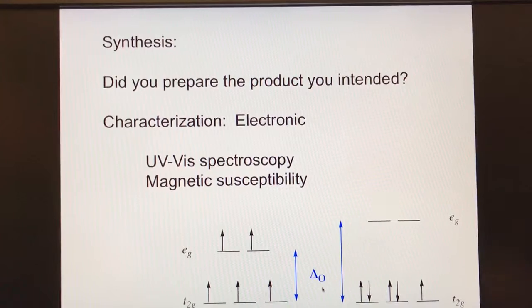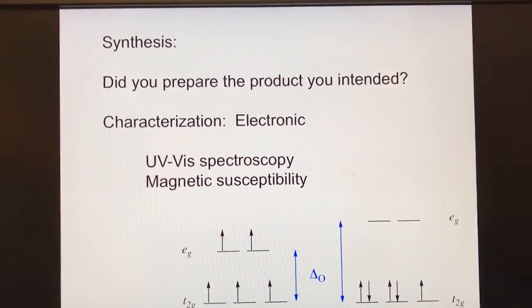And so that's why we will be having you compare your products with aquated Cobalt-2 complexes so that you can do a comparison of the oxidation state, as well as with the aqua complexes, you have water as the ligand, as opposed to the ethylene diamine complexes that have the ethylene diamine as a ligand.